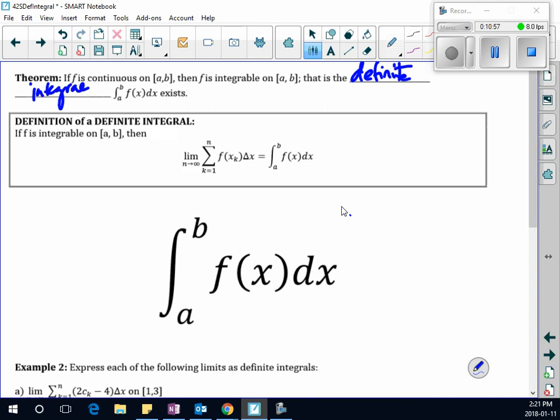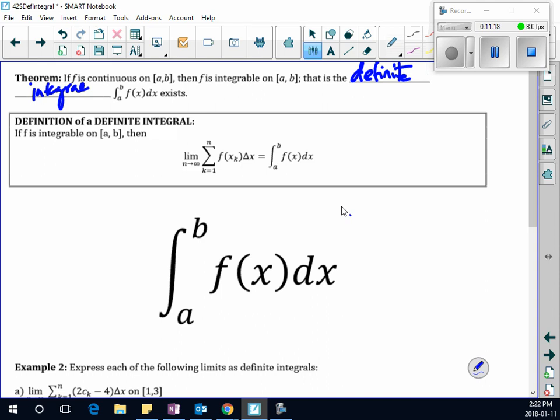When k is 2, you're finding f of 2 times the width, and so on. Everybody got that? All I'm doing is making a crazy amount of rectangles by making n go to infinity. If you do that, you will get the area under the curve, which is the integral from a to b of f of x.